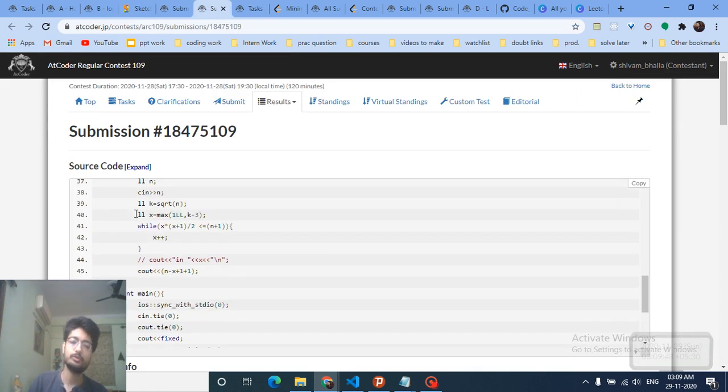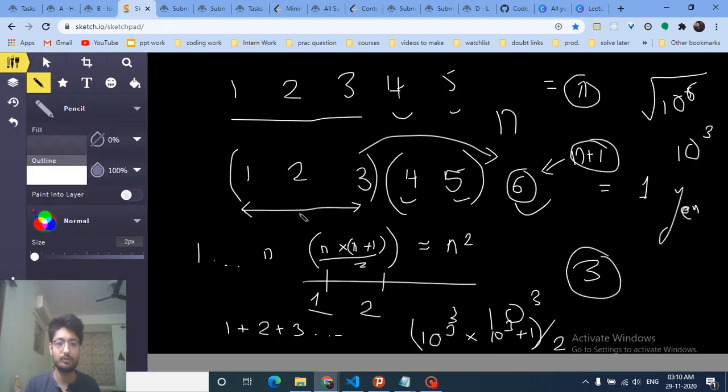So what you'll do is take the square root of n, and then take 2-3 steps back and keep on adding x. Let's assume that the total number of logs I have taken from the start is 100. Now the square root of this n comes out to be 100.